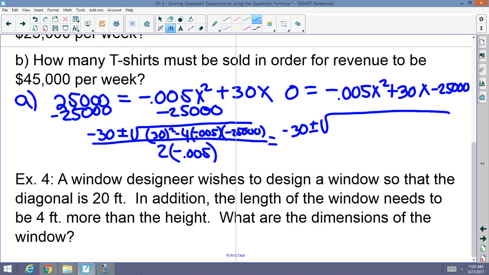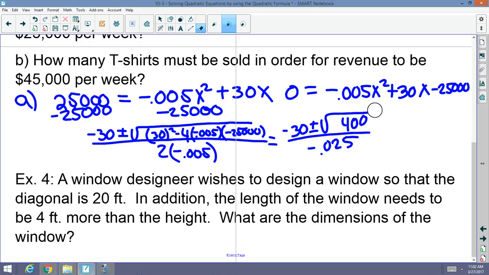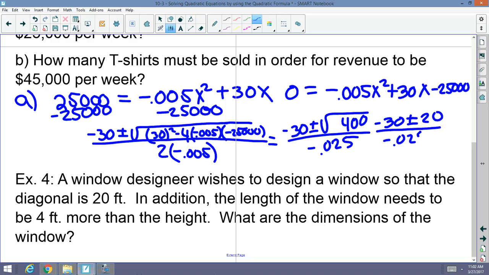That will equal 400, over 2 times negative 0.005, which equals negative 0.025. Then from here, we have negative 30 plus or minus 20 over negative 0.025.